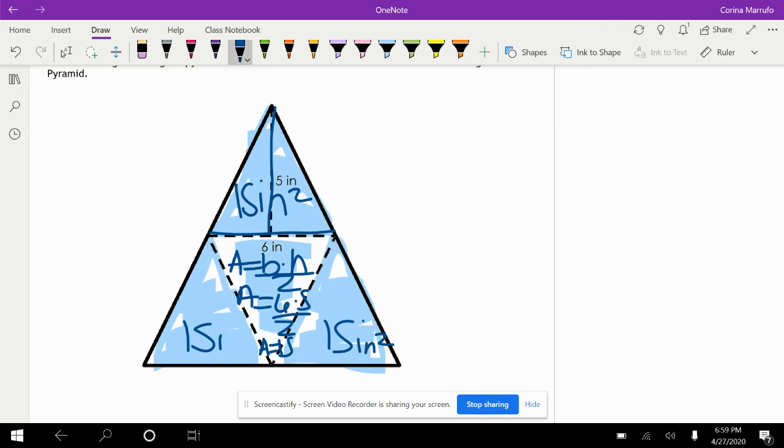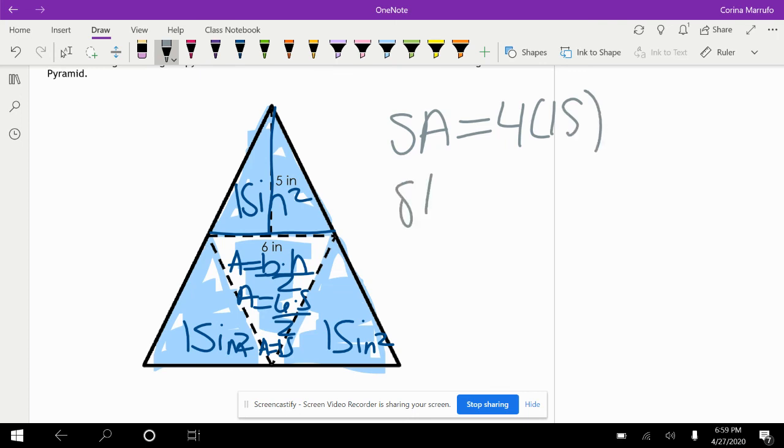So for our surface area, we have 4 triangles. All of them are 15. So that means that our 4 triangles are going to be a total of, no, not 30, sorry, 60 inches squared. And that's it.